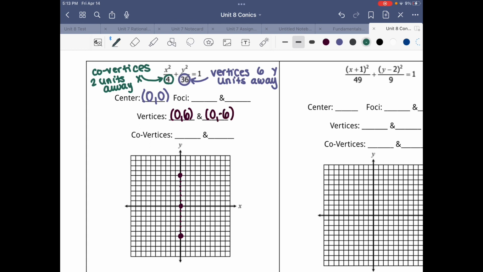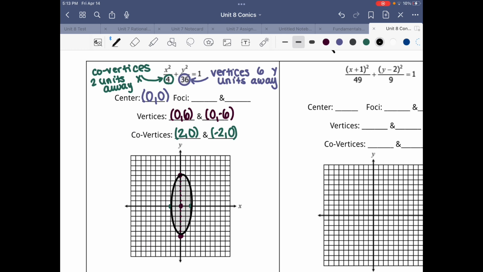For my co-vertices, I need to go 2 units away, left and right, which is 2, 0 and -2, 0. Then I just simply draw my ellipse through those points. And that's it.